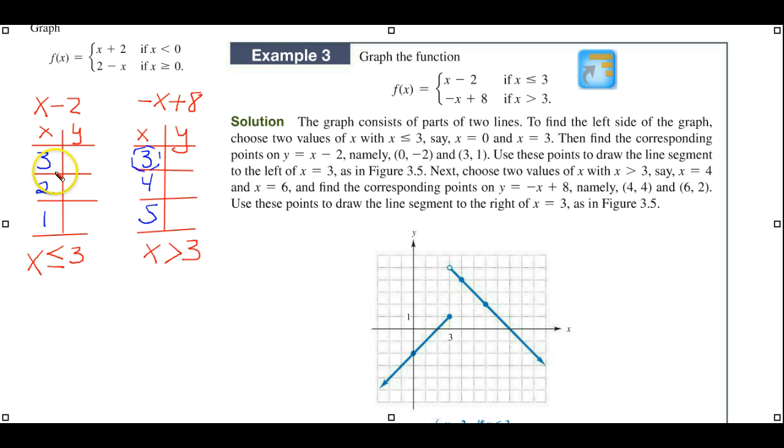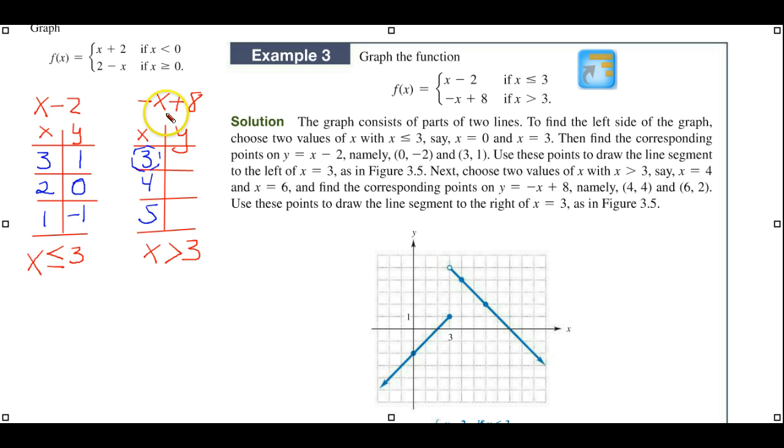So, looking at this, putting it into our function, if x is 3, 3 minus 2 is 1. If x is 2, 2 minus 2 is 0. And if x is 1, this will be a negative 1.